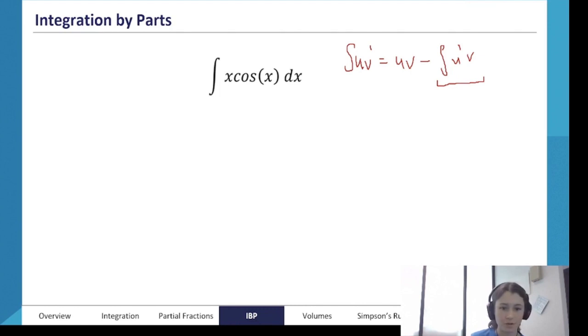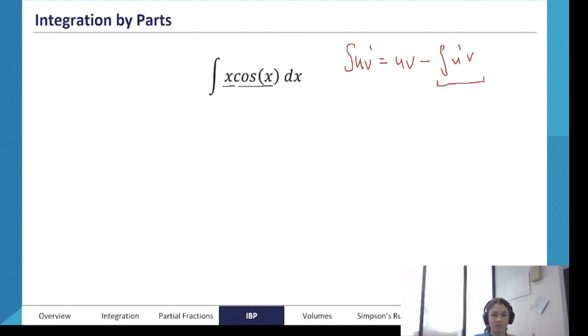So what I recognize here is that the derivative of x is 1, and the derivative of cos x is negative sine x. The integral of cos x is sine x, and the integral of x is half x squared.